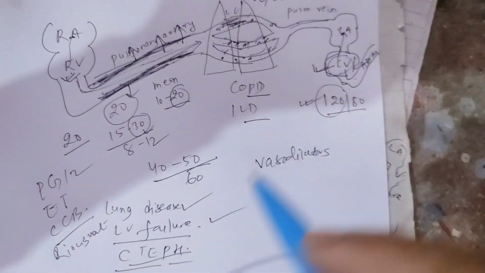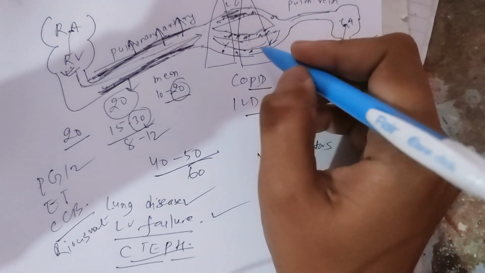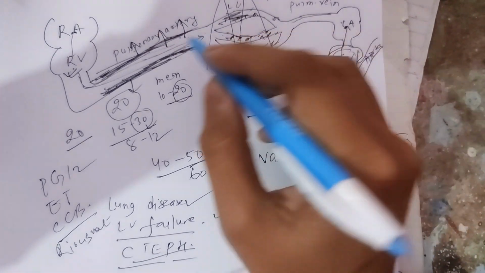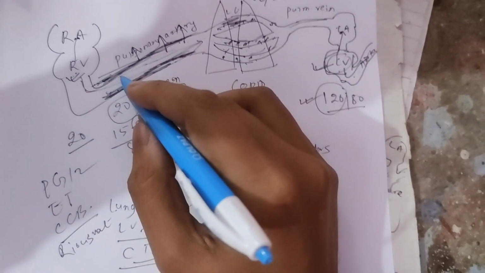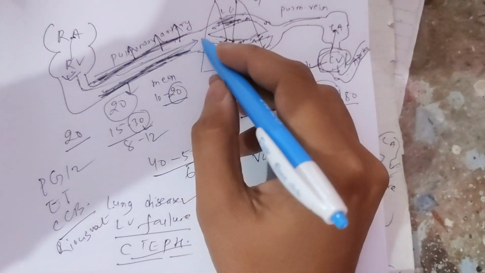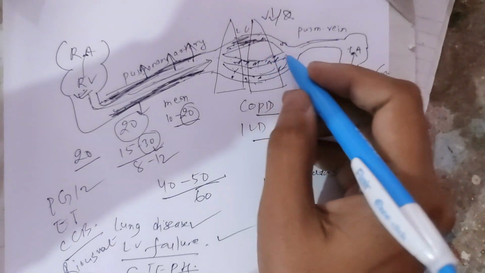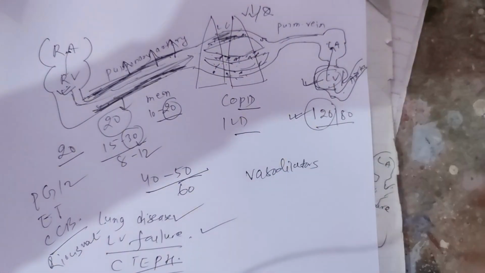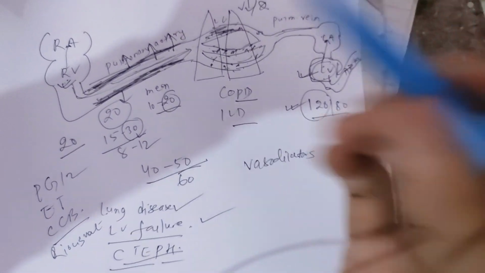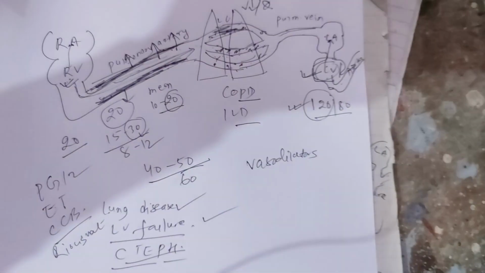In CTEPH, if there are thromboemboli in some capillaries, if we give vasodilator, then the blood can flow better, right? So in that condition, in chronic thromboembolic conditions, it can help, right? Take another condition.